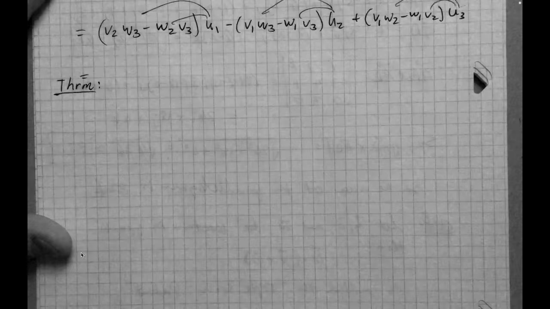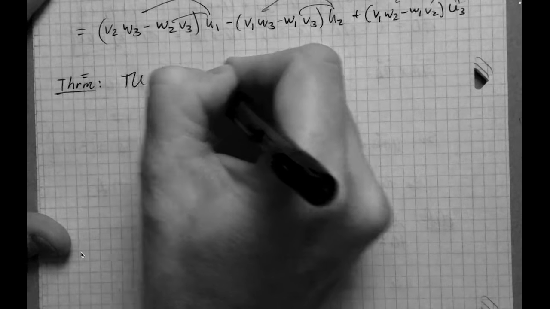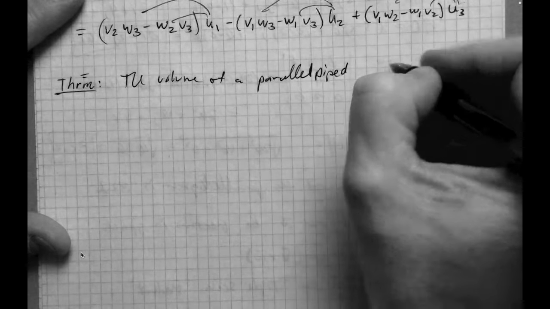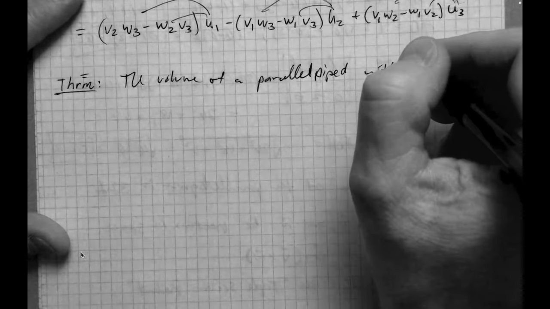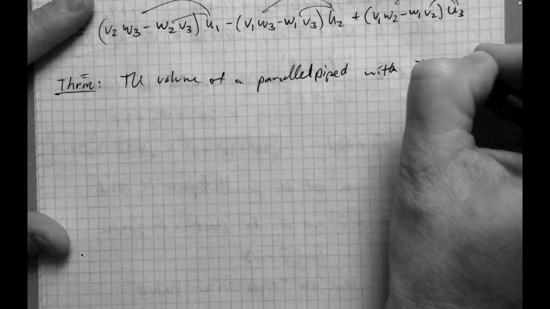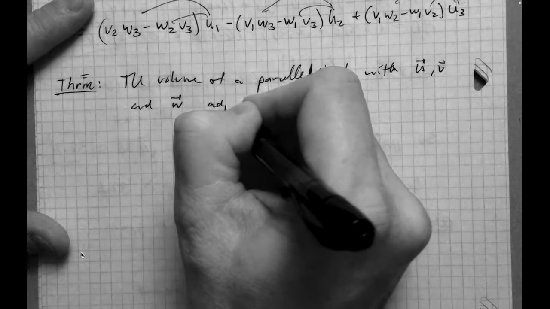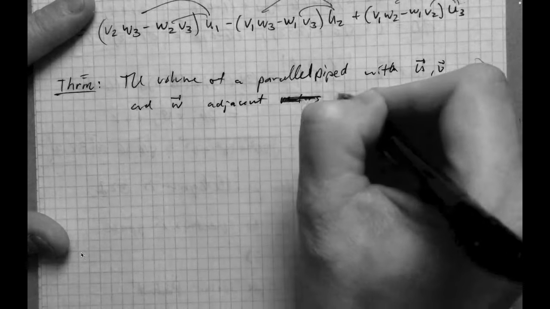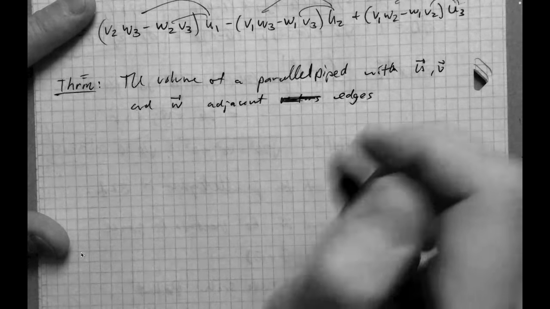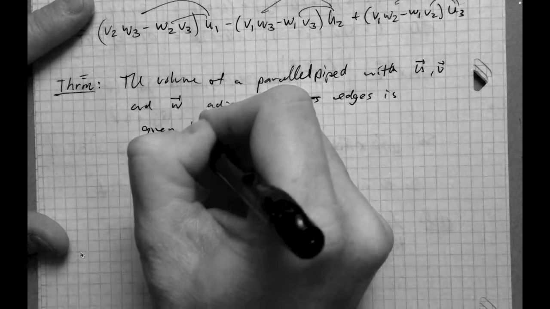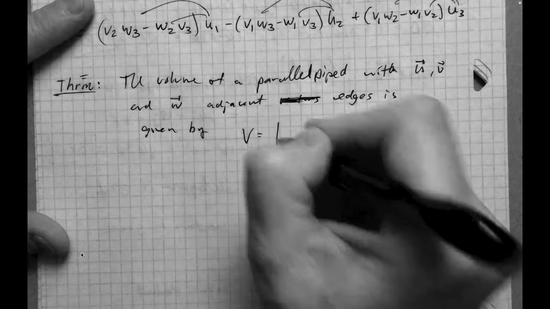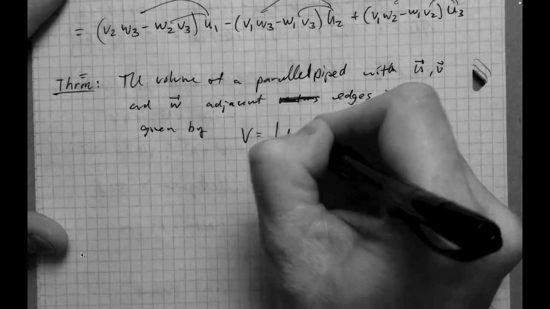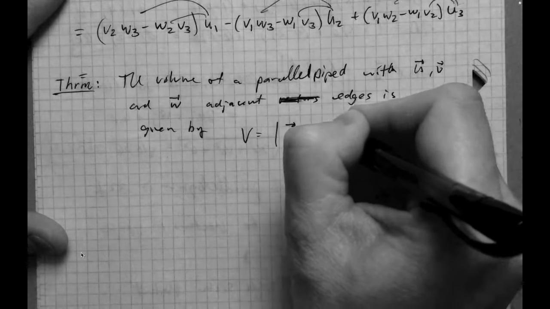So, theorem: the volume of a parallelepiped with u, v, and w adjacent edges, they're vectors, but edges is better, is given by the absolute value, because the triple scalar product is a scalar, of u dot v cross w.